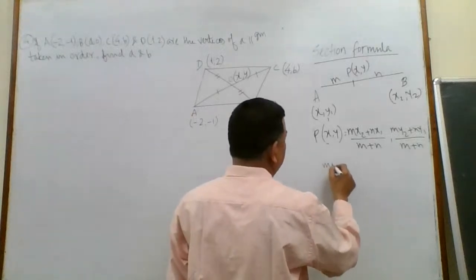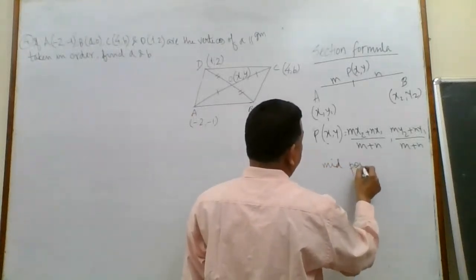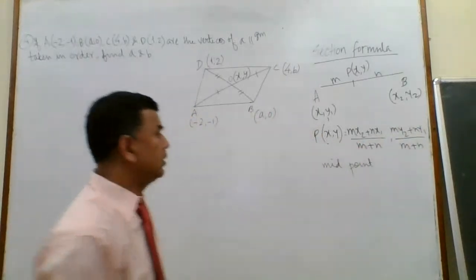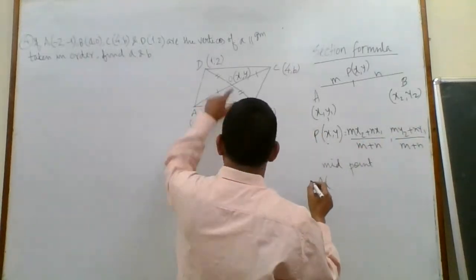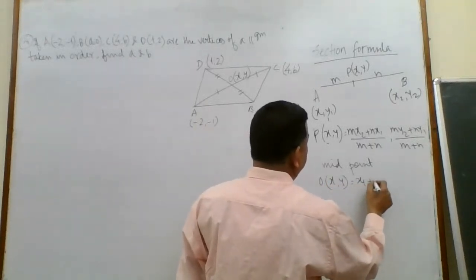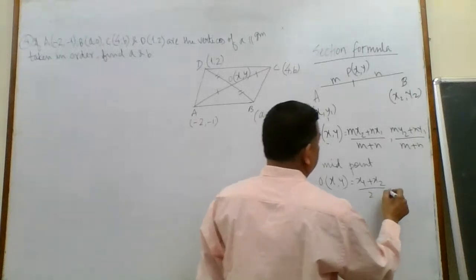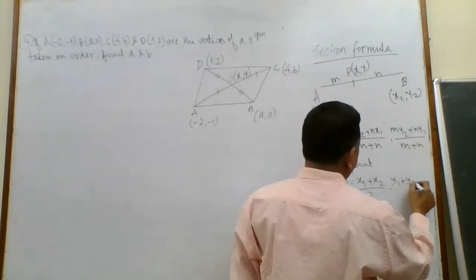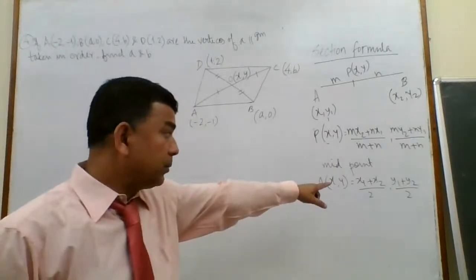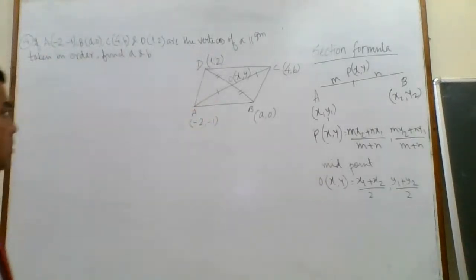And if you recall, the same ratio formula, but when it is the midpoint, then you don't need to apply those ratios. In our case, the point is O, so I'm writing O. How to get the midpoint? Very easily. x1 plus x2 by 2 and y1 plus y2 by 2. So today we are going to apply this formula for this question.